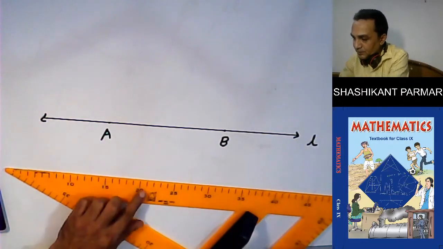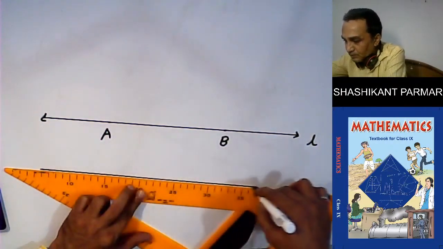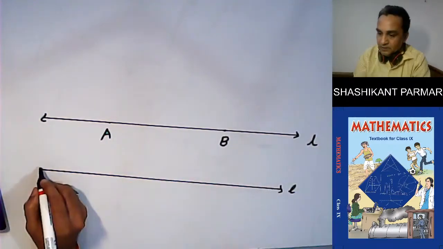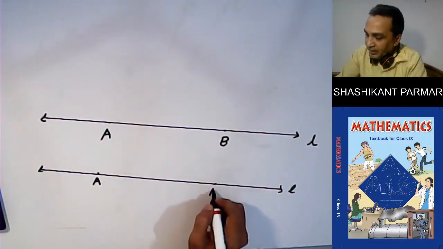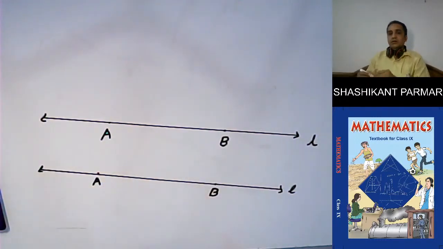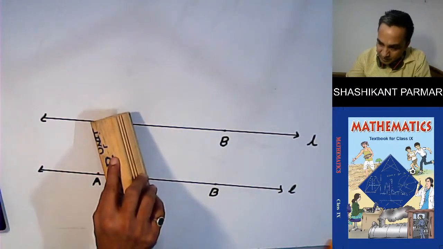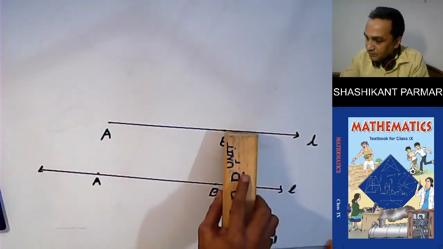See here, so we take a part of a line. Suppose here a part of a line with two end points.